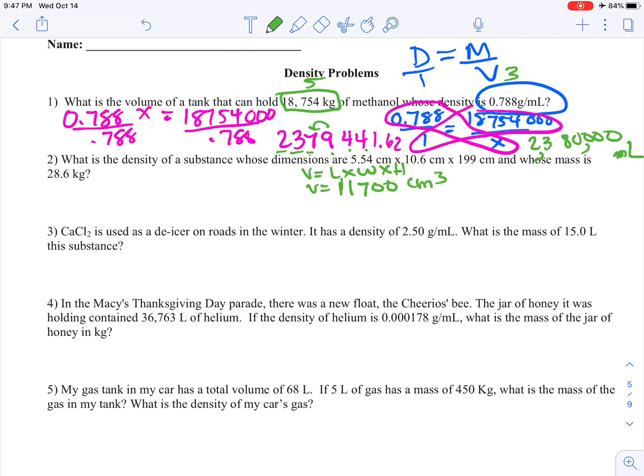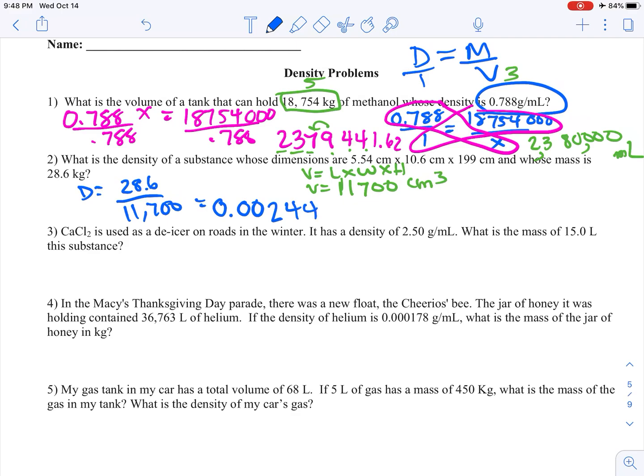Okay, now I need to find density. I'll change my color. So density equals mass, which is 28.6, over volume, which is 11,700. 28.6 divided by 11,700 is, now I want 3 sig figs again, so 0.00 stays, 2, and it's 4 repeating, so I'm just going to do that.